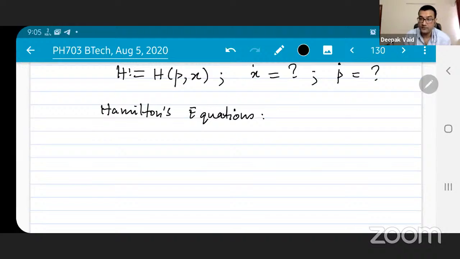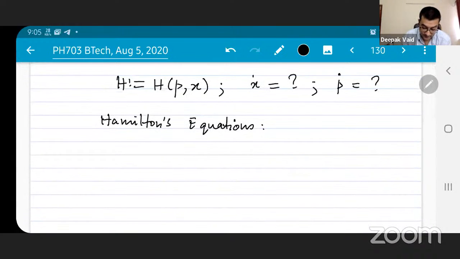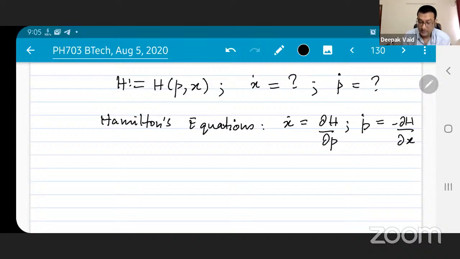I didn't want to do all that for the BTech people. So Hamilton's equations tell us that x dot, meaning dx by dt, is equal to dH by dp, and p dot is equal to minus dH by dx. These are the equations of motion for a system which is described by a Hamiltonian.